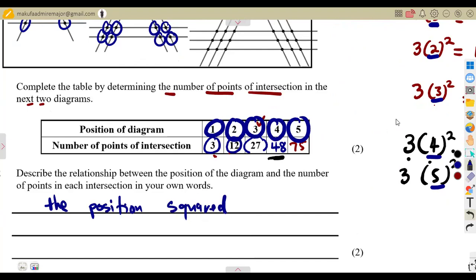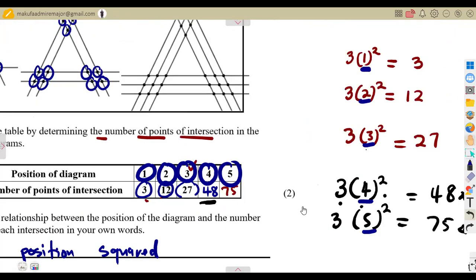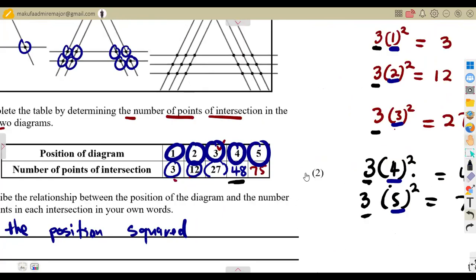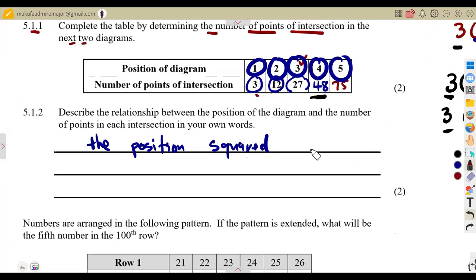But after every position being squared, it is being multiplied by 3. Every position being squared is multiplied by 3. That is the condition. So it's the position squared and multiplied by 3. So that is what they want you to describe.